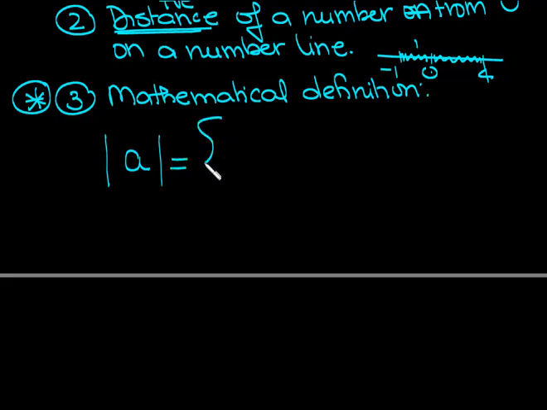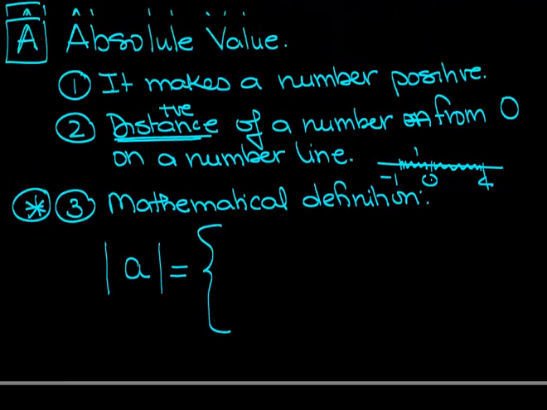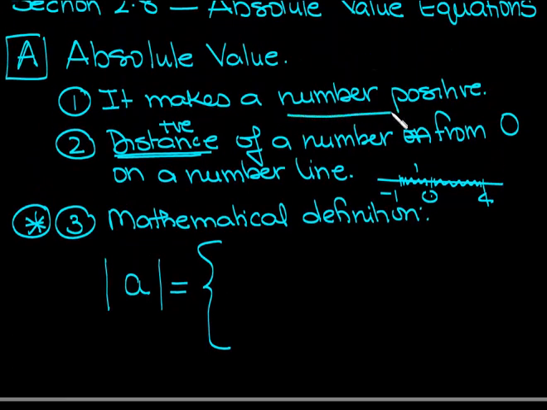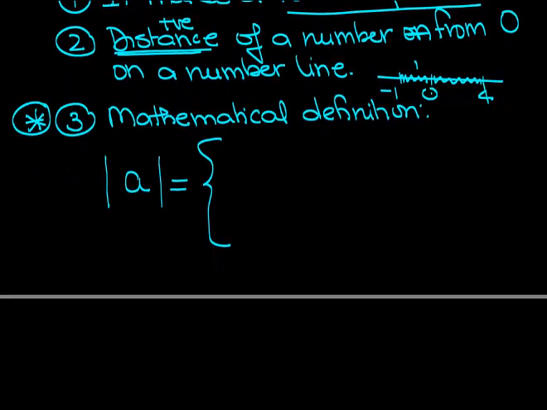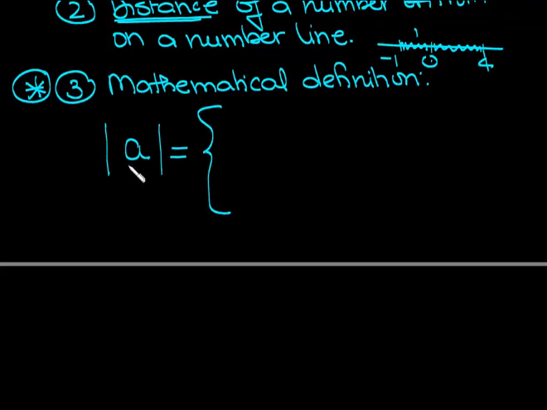Now if you go back to the non-mathematical definition, what does it say? Absolute value makes a number positive. So let's think about that for a second. Let's assume a is positive. If this number is positive, do we even need absolute values? Because if the goal of absolute value is to make something positive, then the absolute values are an overkill here.